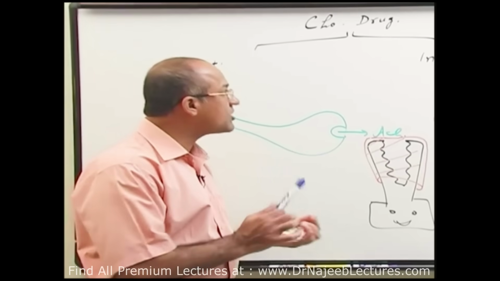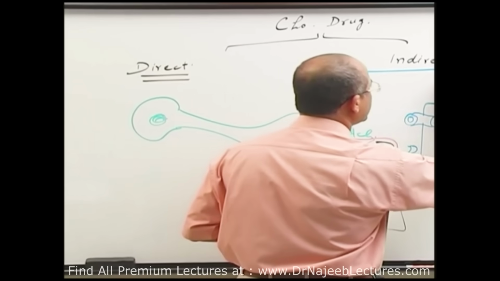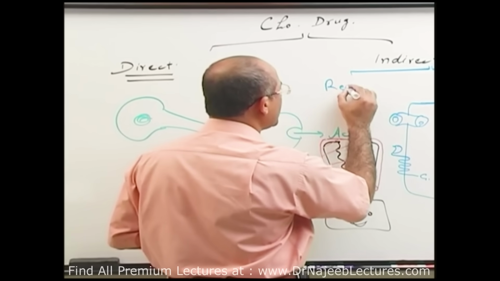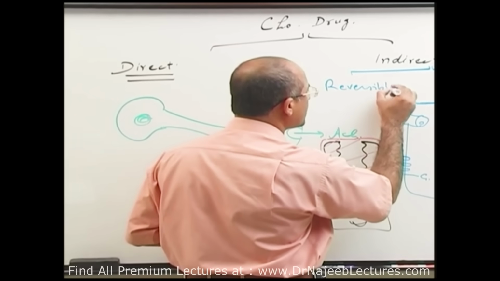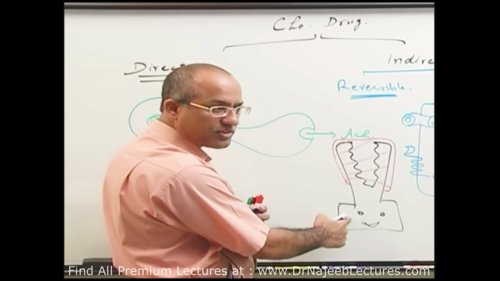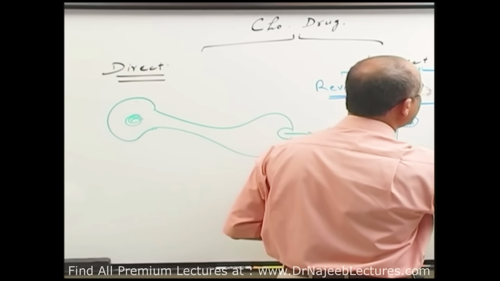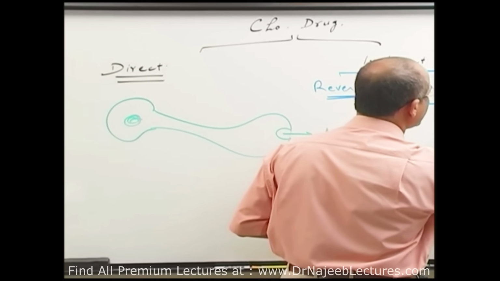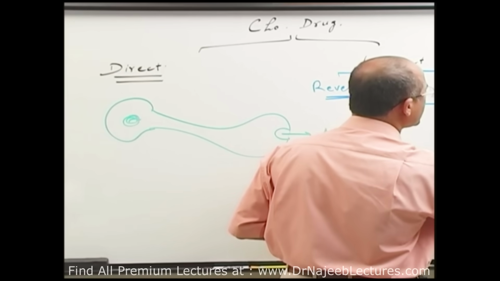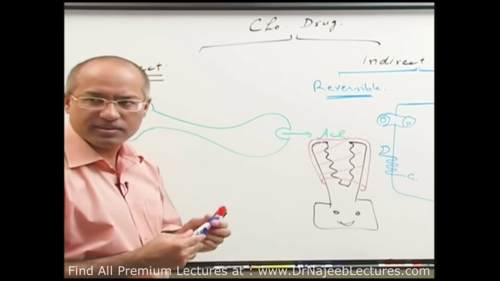Now, anticholinesterases, the indirectly acting drugs, are of two types. They are reversible inhibitors of acetylcholinesterase, and there are irreversible inhibitors of acetylcholinesterase, right?